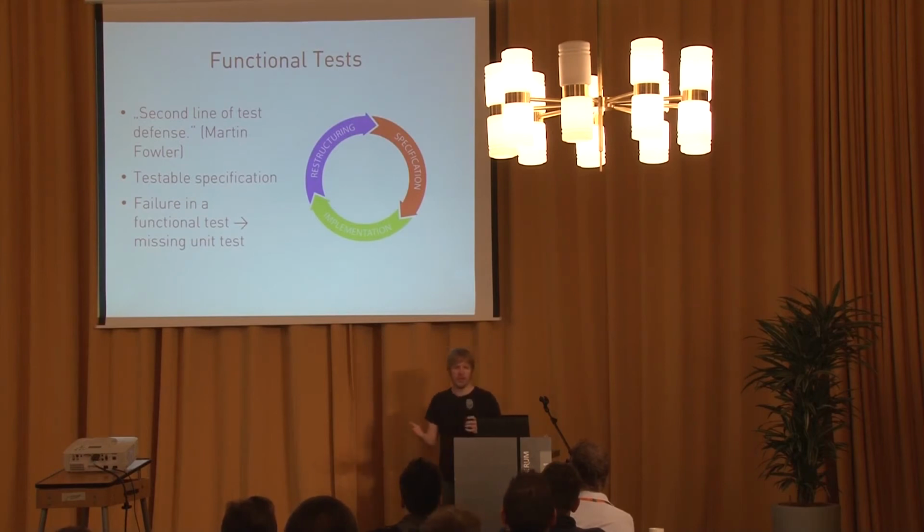Clients always come to you and say, hey, there's something not working. If you have such a functional test, you can just point them to it, and functional tests should be written in a way that regular people can actually read them, right? So you can point them to the functional test and say, hey, this is our specification, our documentation, this is what we agreed on. If you want to change something, we can do that, that's not a problem, but please tell me, what would you like me to change?